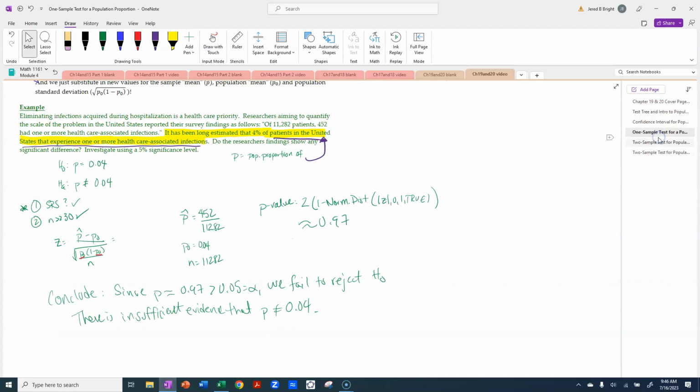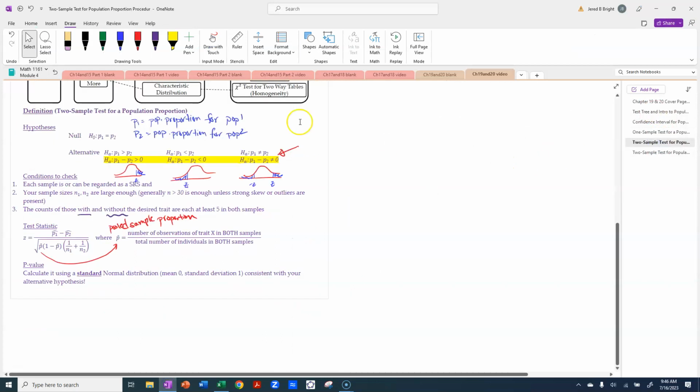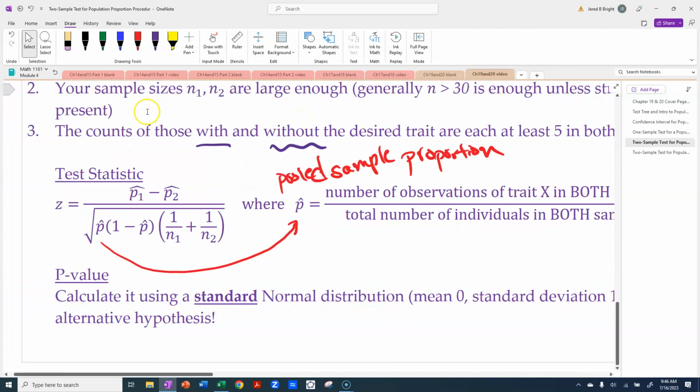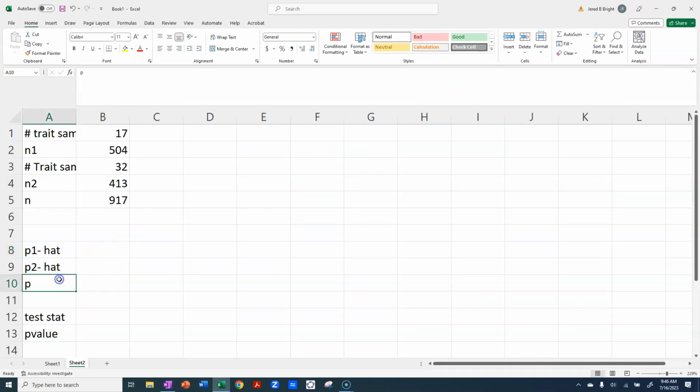Our test statistic is P1 hat minus P2 hat in the numerator, and then we have to get our pooled sample proportion for the denominator. P1 hat is going to be the number of trait in sample 1 divided by the total number in sample 1.